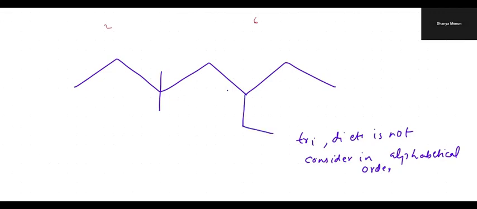So this is one carbon. This is another carbon, carbon, carbon, carbon. This is carbon, again CH2, CH3. This is carbon, this is carbon. Let's number it now: 1, 2, 3, 4, 5, 6, 7.